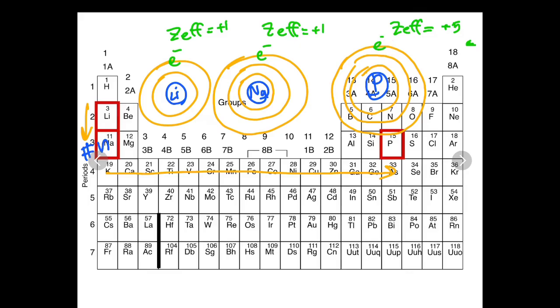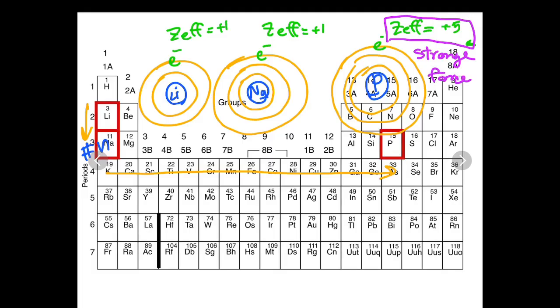In phosphorus, this electron experiences a positive charge from the nucleus, whereas this electron here experiences only +1 charge. Which one experiences a stronger attractive force, the electron in sodium or the electron in phosphorus? The answer is the electron in phosphorus experiences a stronger attractive force.